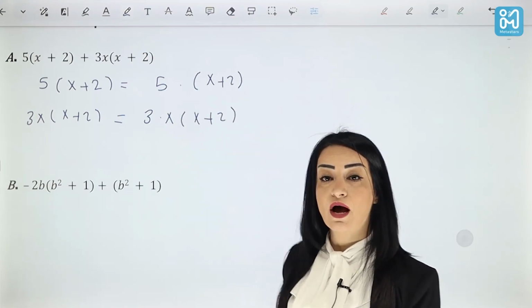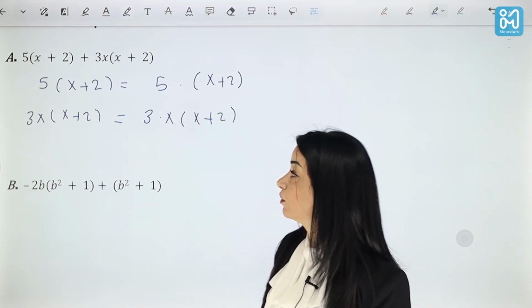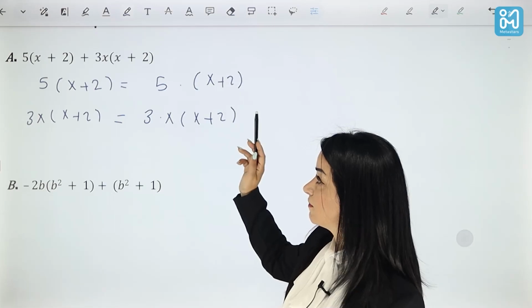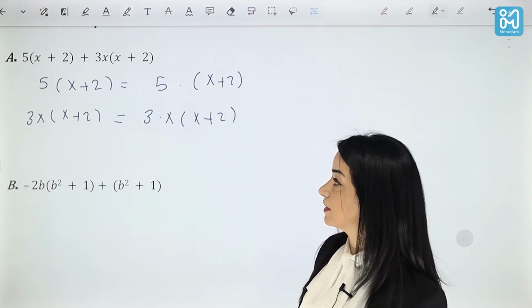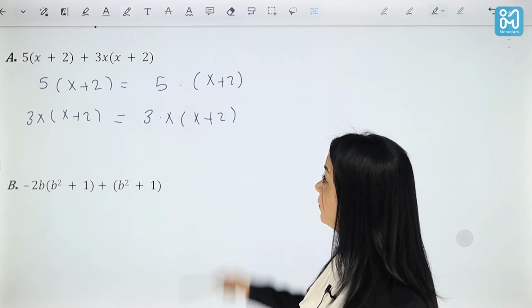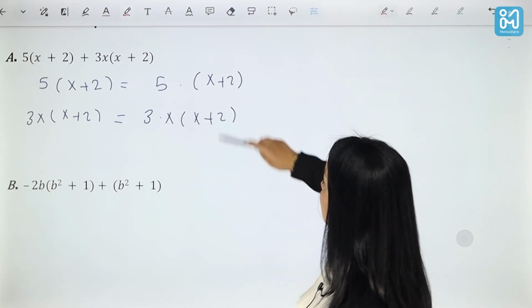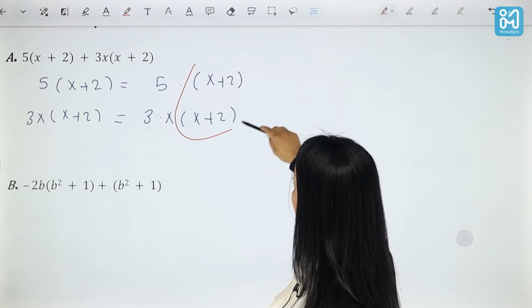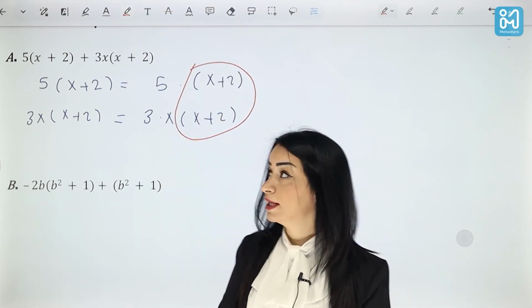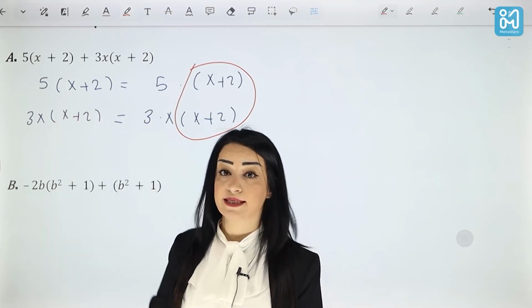So what is the common factor between these two terms? 5, I don't have any other 5. x, I don't have x. 3, I don't have 3. But what do I have in common? I have x plus 2, it's in the first one and it's in the second one.